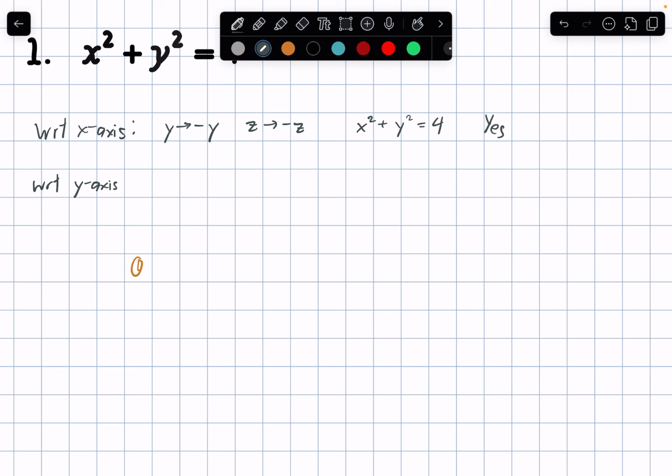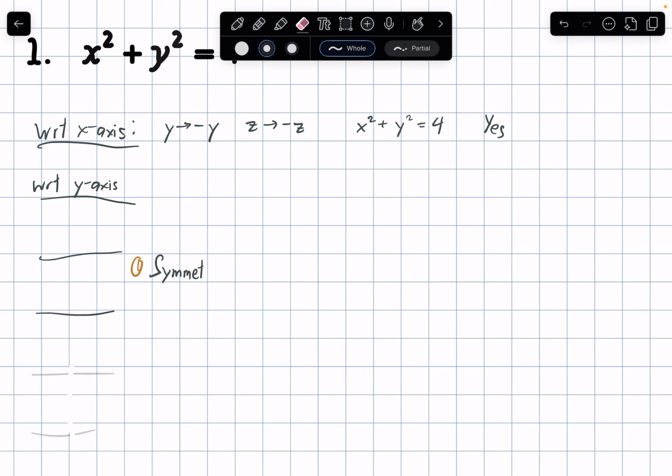You have to see if it's symmetrical according to six parts: with respect to the y-axis, the x-axis, the z-axis, as well as the three planes, xy, xz, and yz. We'll be writing that down later completely.